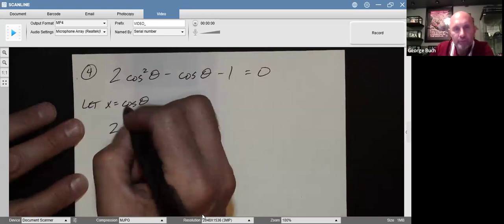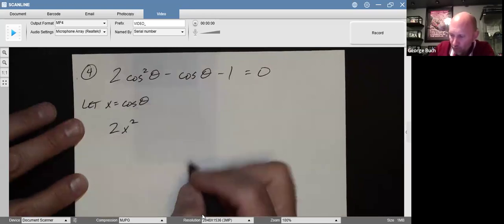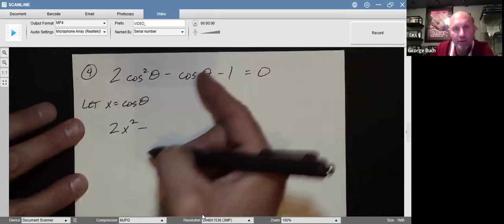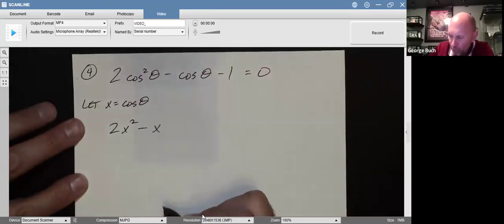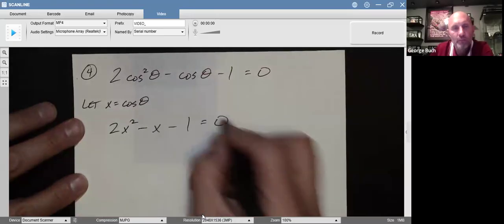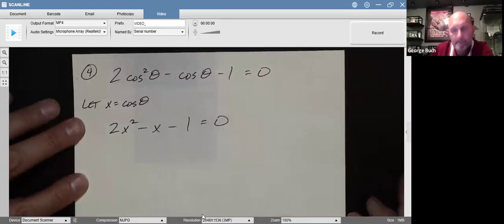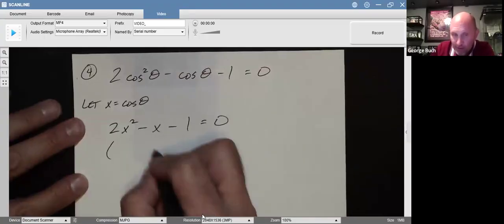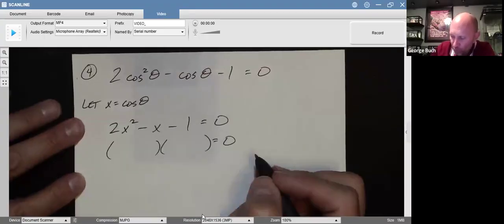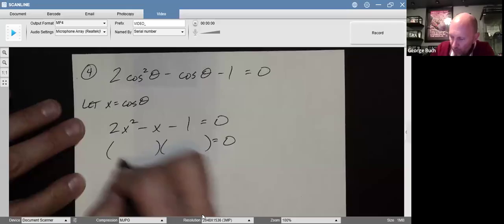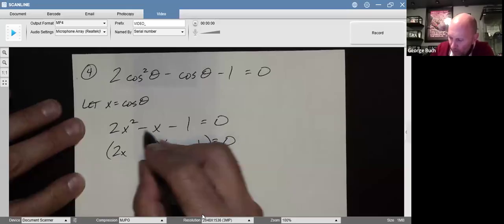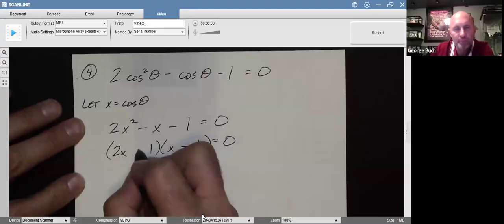X squared, minus cosine of theta, which I'm calling x, minus 1 is 0. Can you do this one? I hope so. So we can factor this one, and most of these will factor to where you can use zero property rule. So you have 2x and x, 1 and 1. Because I want the minus inside there, I get minus and plus.